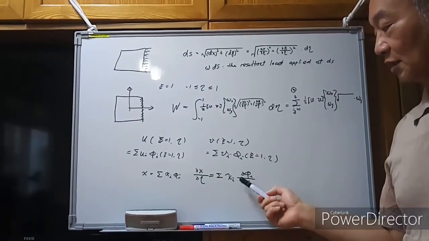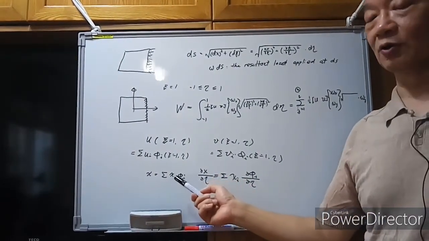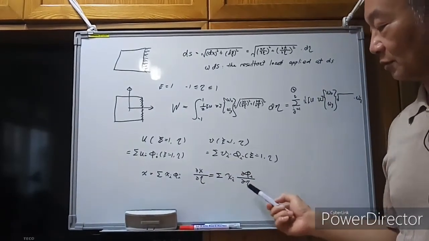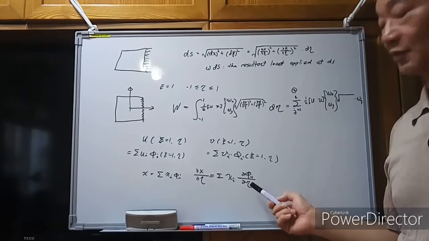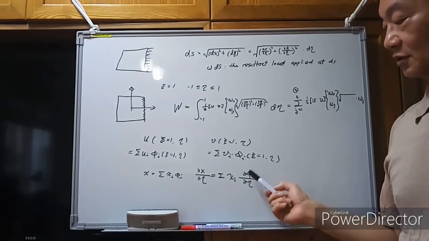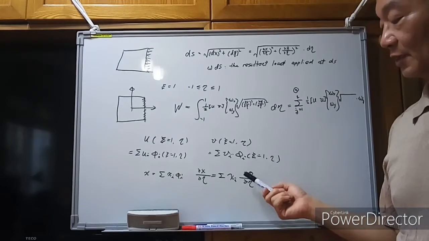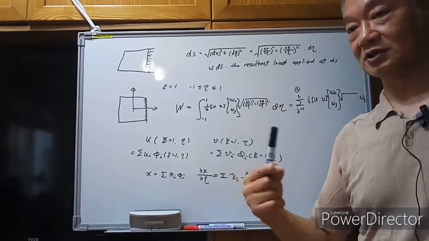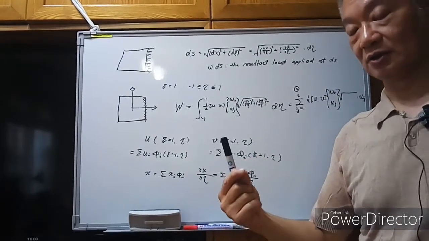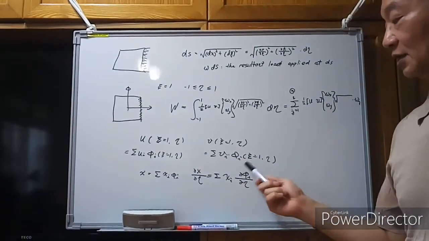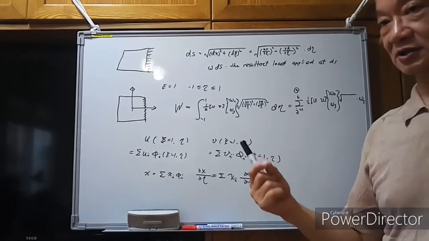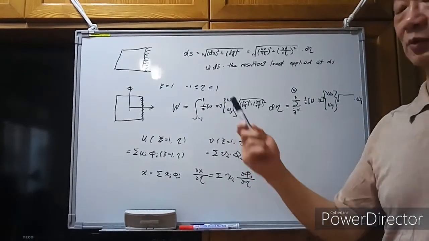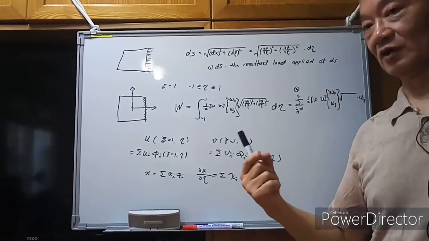And all the phi functions are known functions. So you can calculate the partial phi to partial eta. We can take the partial derivative of the known functions, and the calculated results are also known functions. And these known functions are still functions of the c and the eta. And for these problems, they are only functions of the eta.